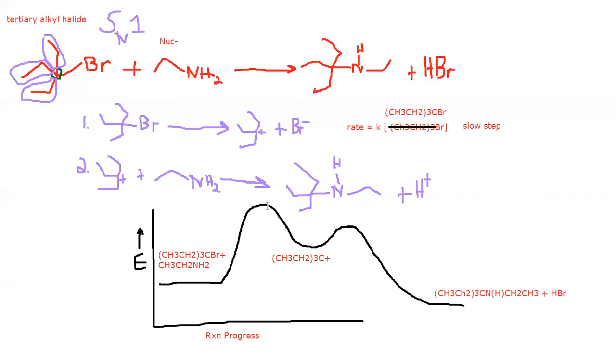So again, we have two activation energies because we have two steps. The first one gets the highest energy because it's our slow step. The first step is always going to be the slow step for an SN1 reaction.